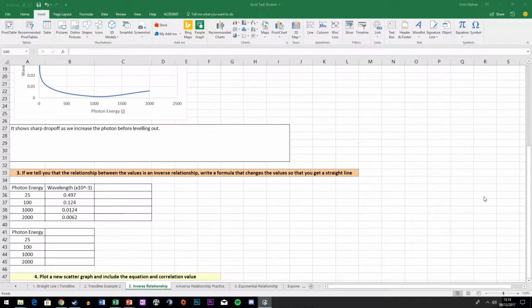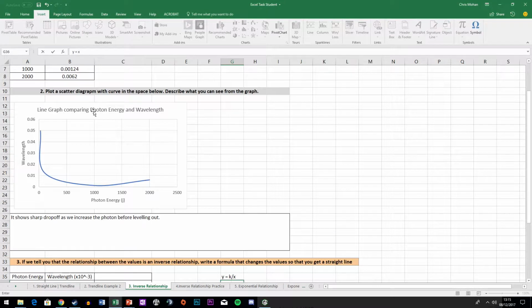So we're told that the relationship between the values is an inverse relationship, and we're going to write a formula that changes the values so you get a straight line. Now if I show you what the graph for an inverse relationship looks like, it's y equals k, which is some value, some number, over x. And you'll see that as opposed to what we plotted before, we just plotted y is equal to x beforehand. So we plotted our x values and our y values against each other.